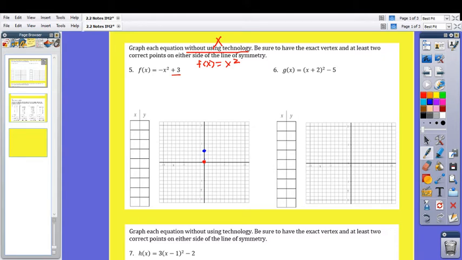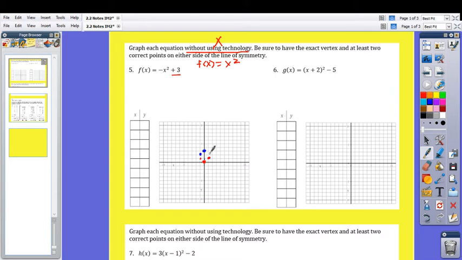And then this time, because it's upside down, with the regular x squared graph, I would be going 1 up and graphing it. But because this is negative x squared, I will be going downwards 1.